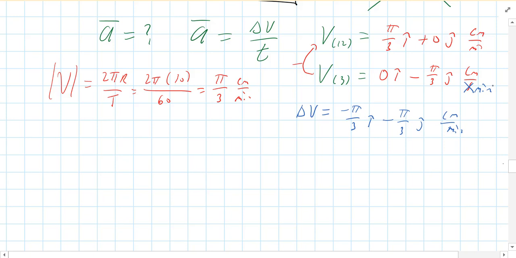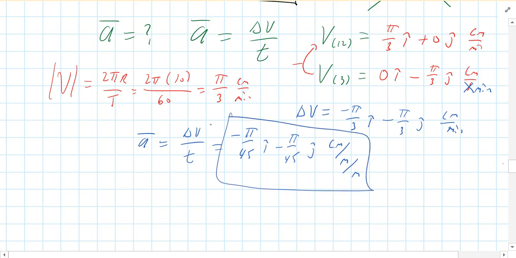Now, our average acceleration is simply the change in velocity I just got divided by time, which is 15 minutes. So I'm taking each of these divided by 15. Pi over 3 divided by 15 is pi over 45. So my answer is negative pi over 45 i hat minus pi over 45 j hat centimeters per minute, okay?